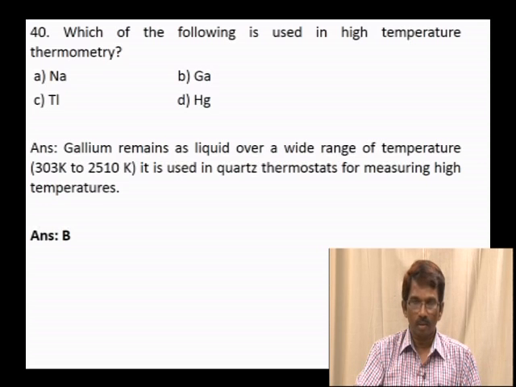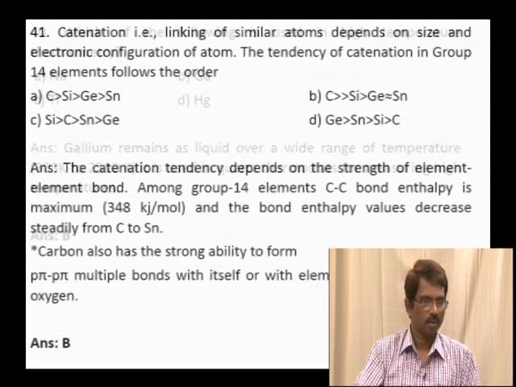And this metal also remains as liquid even when it is cooled below its freezing point of 303 Kelvin. And hence, since it exists as a liquid over a wide range of temperature, it is used in quartz thermostats for measuring high temperatures.